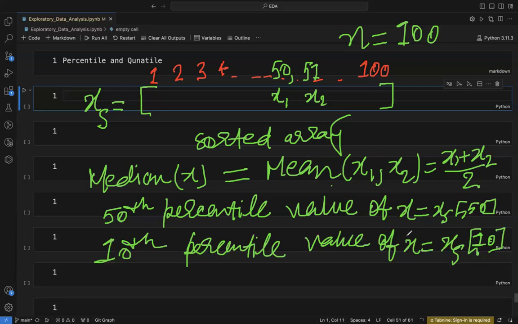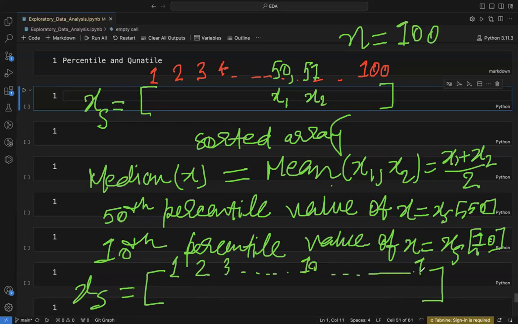What does the 10th percentile value tell you? It tells you that roughly 10% of points are less than this value. Let's understand this. Let's say this is my sorted array and these are my values, 1, 2, 3, till the 10th, and this goes on till 100. So this is the 10th value.